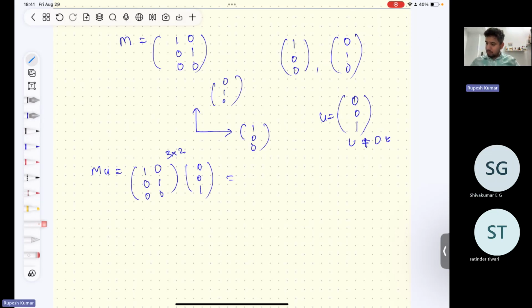Let me just extend the matrix. Let's consider this matrix, right? 1 0 0, 0 1 0, 0 0 0. So its columns are 1 0 0, 0 1 0, and 0 0 0. Essentially the third column is a zero vector, right? So it's spanning this xy plane. Now this is a 3 cross 3 matrix. Now what is this product?